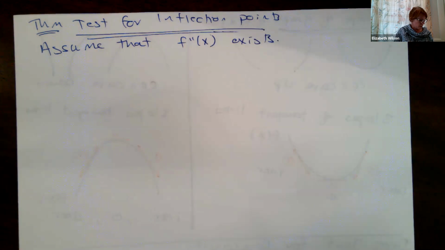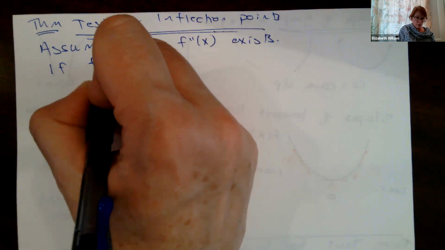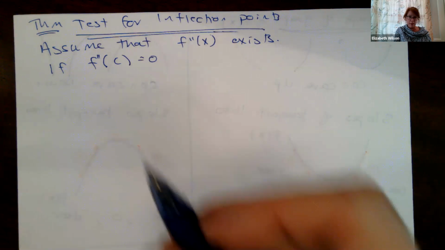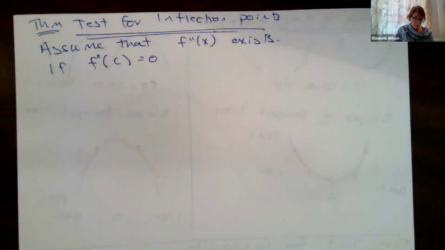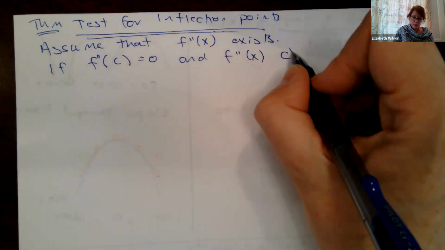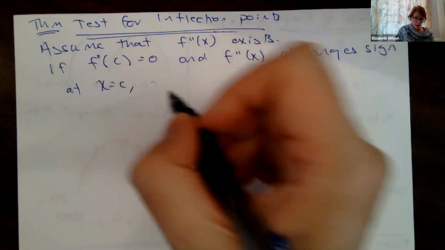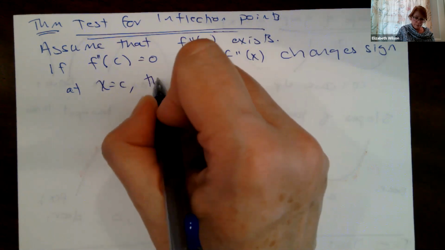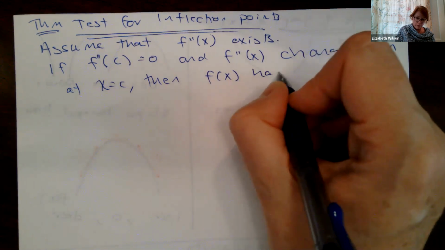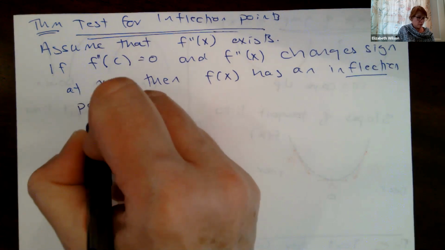So if our second derivative exists, and if f double prime of c equals 0, I can solve for my second derivative equals 0, find that c value that makes that happen, and f double prime of x, my second derivative, changes sign at x equals c, then we say our function has an inflection point at x equals c.